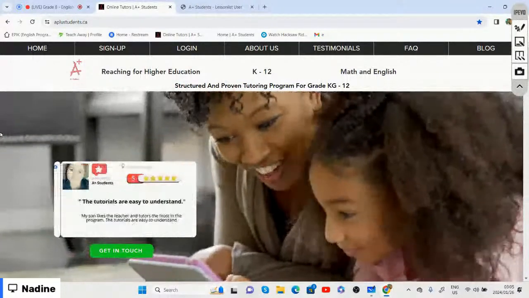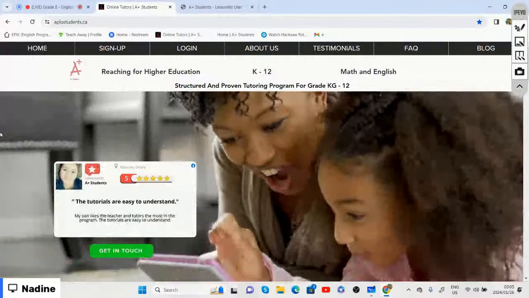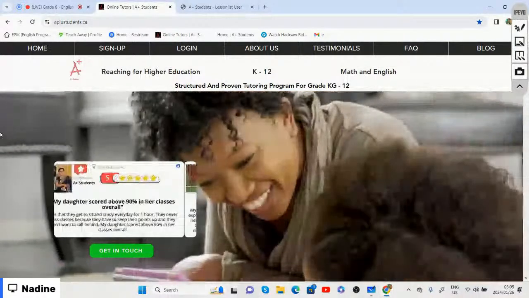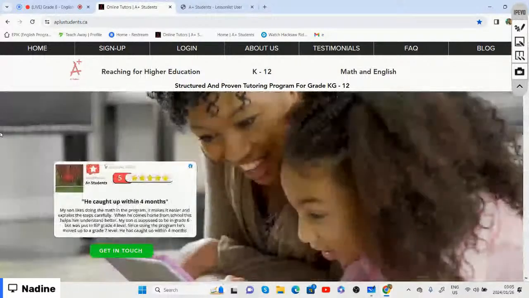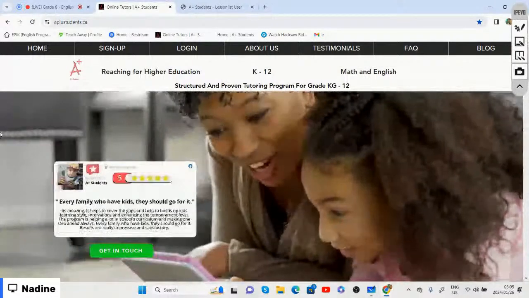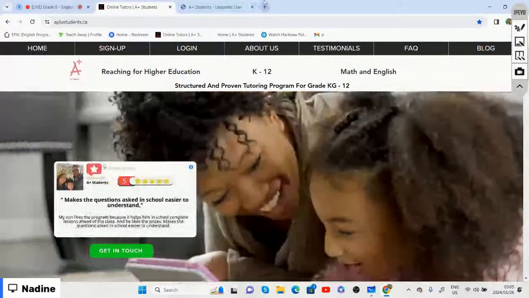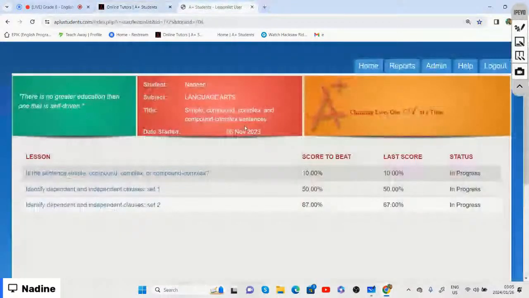we're going to select the subject of language arts, grade 8. Then we're going to scroll down until we get to the chapter of simple, compound, complex, and compound complex sentences.